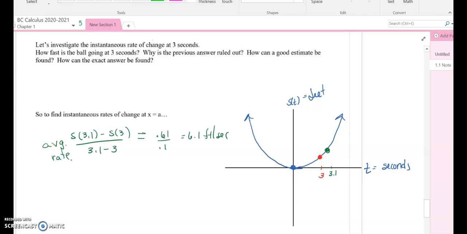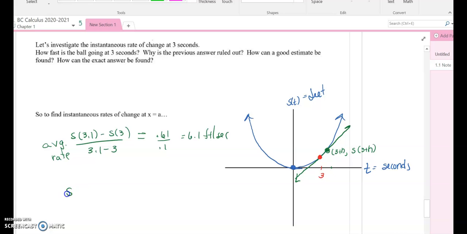And if I went from 3 to 3.01, is that instantaneous? No, it's not. The only way I can get instantaneous rate of change is by thinking about, well, what if this point was, okay, so this is 3 plus h, comma, s of 3 plus h. And then I know the average rate of change is the slope of the secant line.